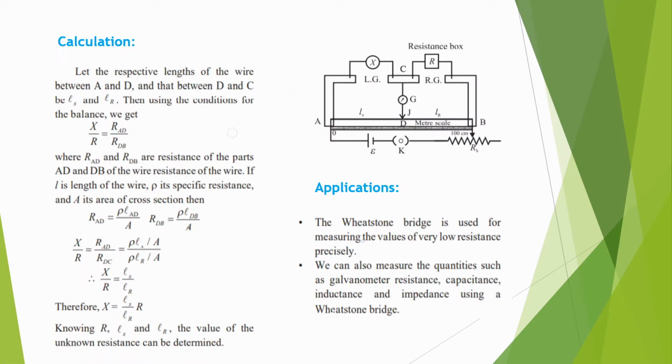Then let us see the explanation for the calculation. Let the respective lengths of wire be considered, that is between A and D, and the second between B and D, and that between D and C. That is a printing mistake in the book; actually the point C should be taken.